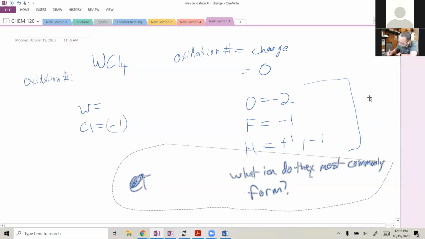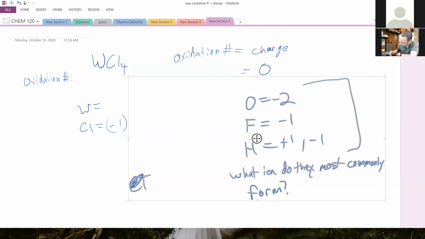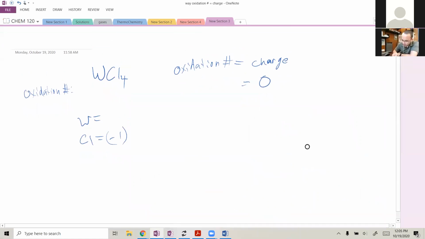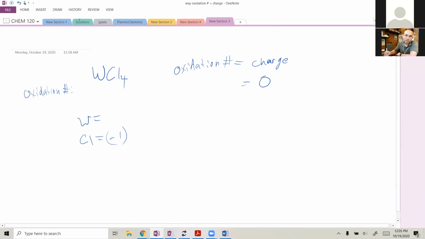I'm going to go ahead and clear out some space here. All right, so we have 4 of them. And one of the ways that I like to do this is to set up an equation. My charge is always going to be on the right-hand side. And then I say how many atoms of each element I need.